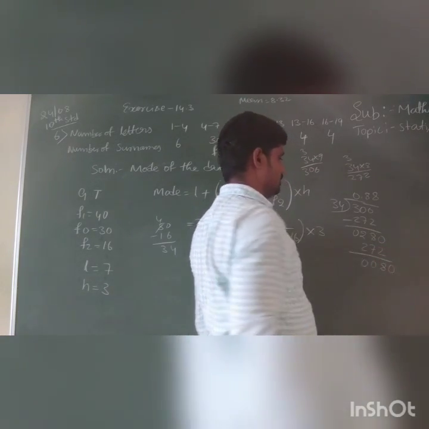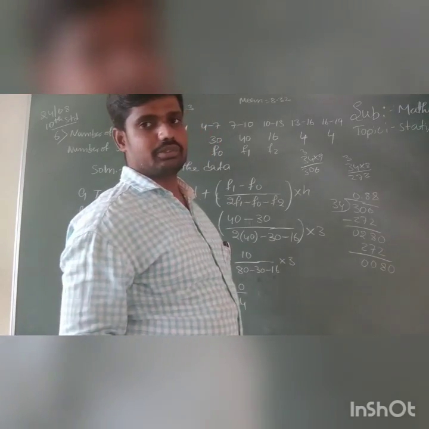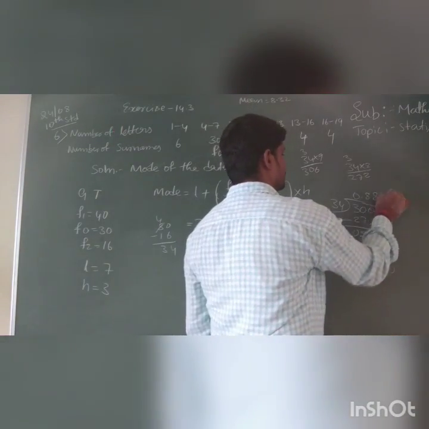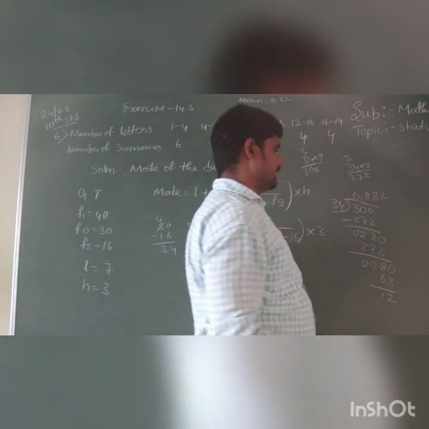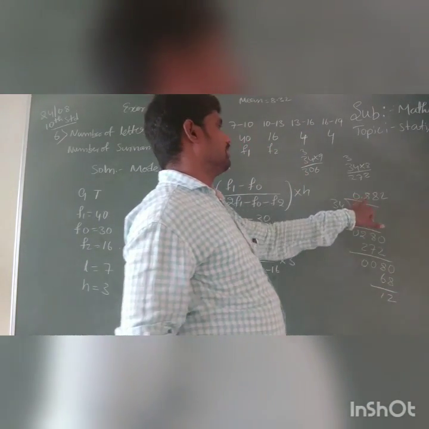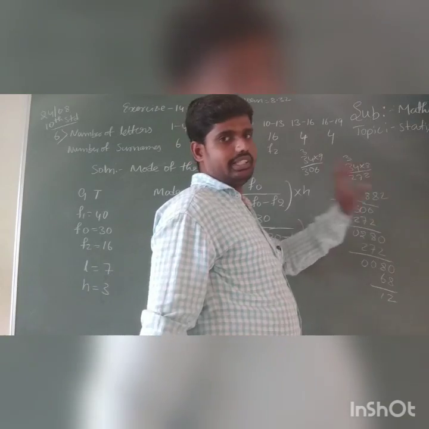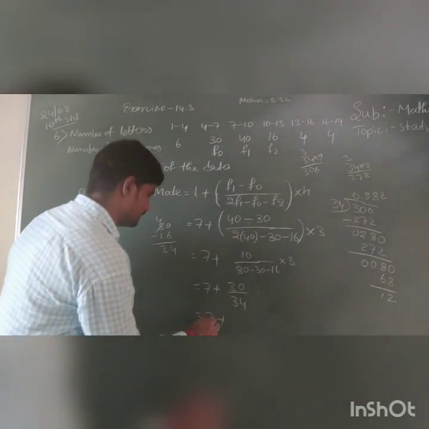Take 0, 34 goes 2 times, 34 twos are 68, and like that it goes on. Take the point after 2 or 3 digits.